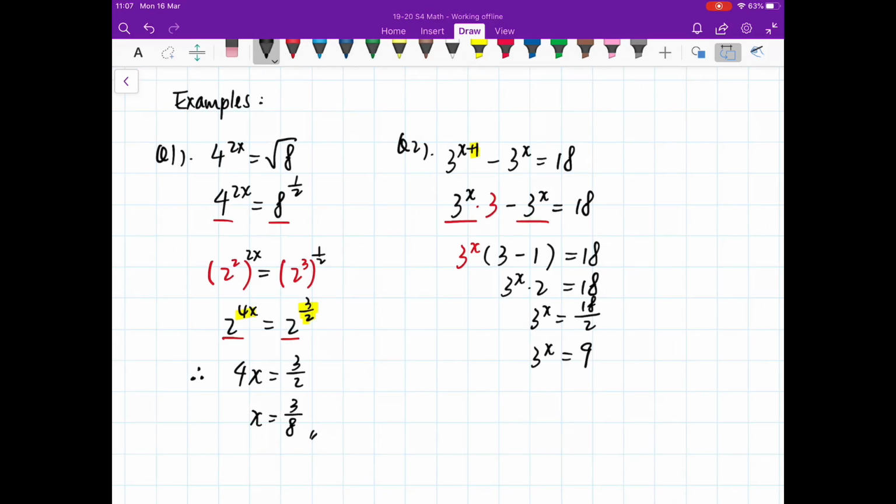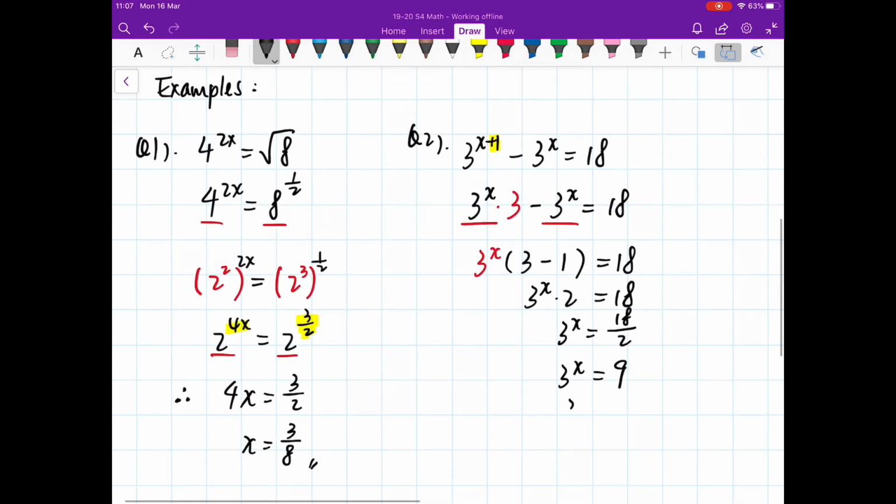Then we can do some conversion to convert 9 into 3 to the power 2. And finally, just comparing the power, then we will know that x is equals to 2.